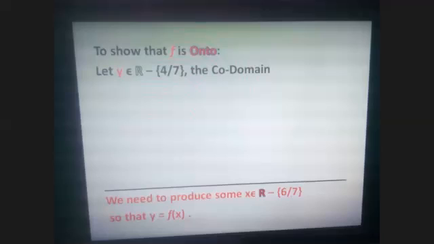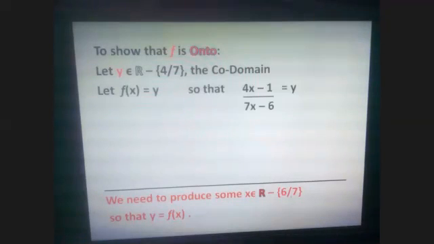What I do is suppose f(x) equal to y, and see what happens. I do not know whether there is an x, but I am just daring to propose f(x) equal to y. That means (4x minus 1)/(7x minus 6), that is your f(x), is considered y.